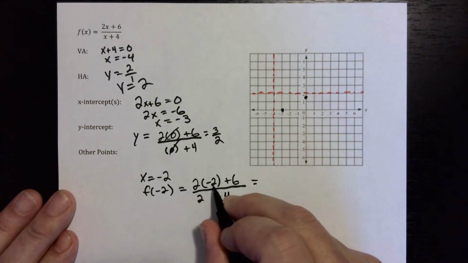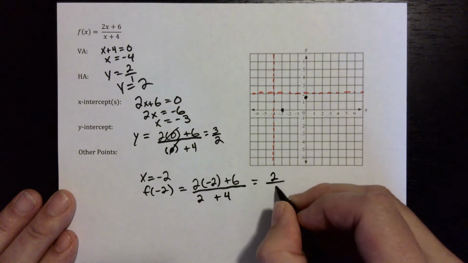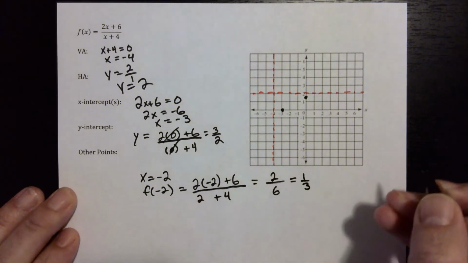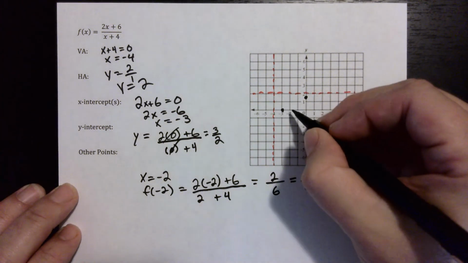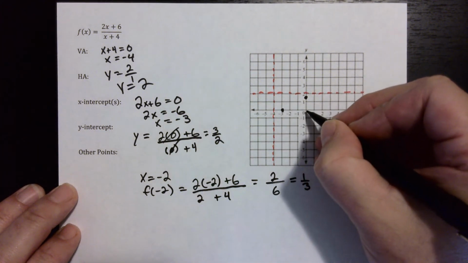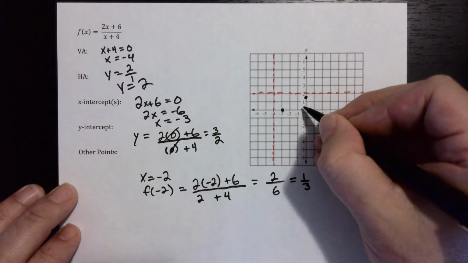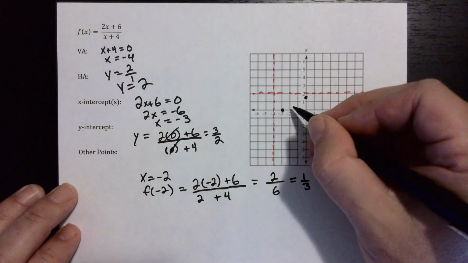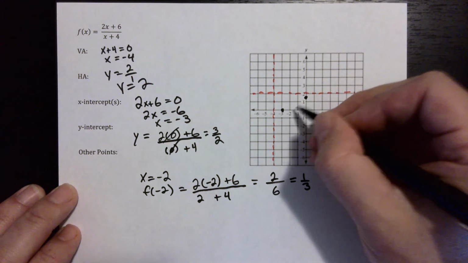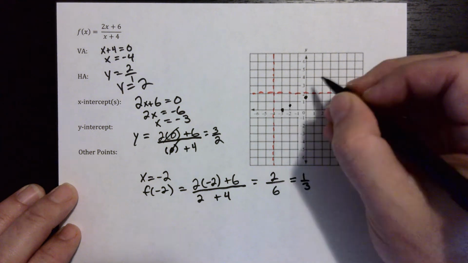So let's see, that's negative 4 plus 6. The top is a 2, the bottom is a 6, so that's 1/3. Okay, so at negative 2, we get 1/3, which is about, here's 0, 1/3 is just a little bit up. So we go over here to negative 2, and we put a point like right there.